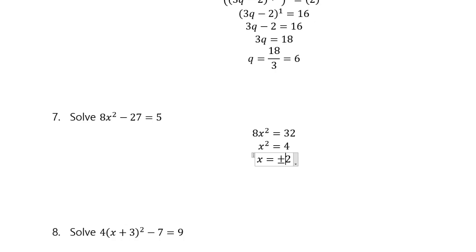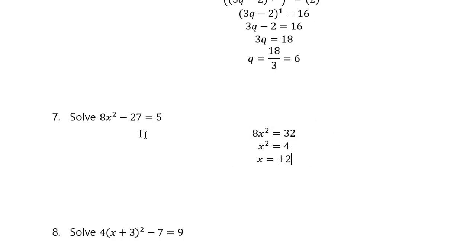Okay? That's because if x was -2, -2 squared gives you +4. A square of a negative number will give you a positive number, right? So anytime you take away a square, or even a 4th power, any even power, and you get a solution, you need to put plus or minus there.